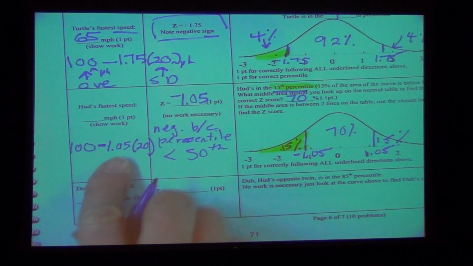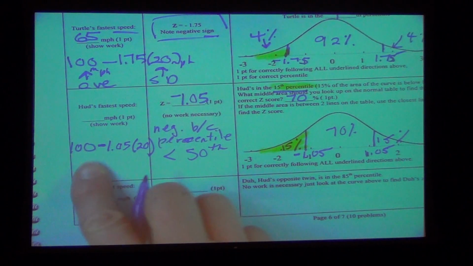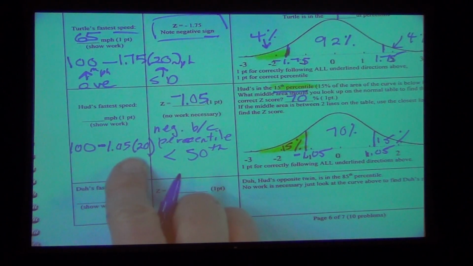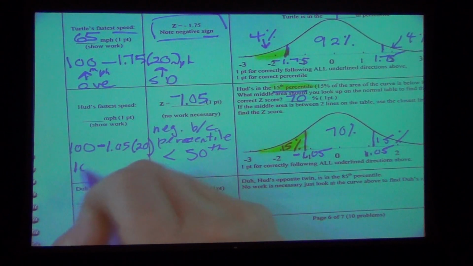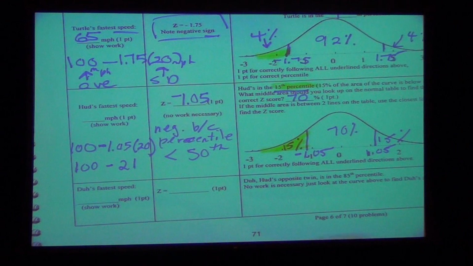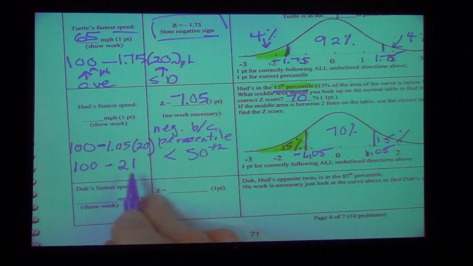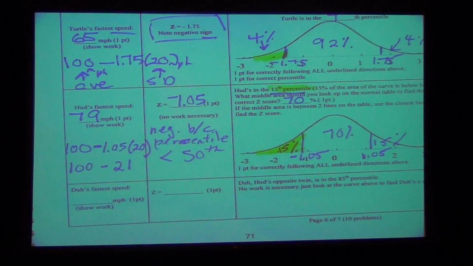Well, if it was just one standard deviation, you'd go down 20 to 80. But it's 1.05, so it's 100 minus 21. 21 miles per hour. So that's 79. Does that make sense to everybody? Questions or not?